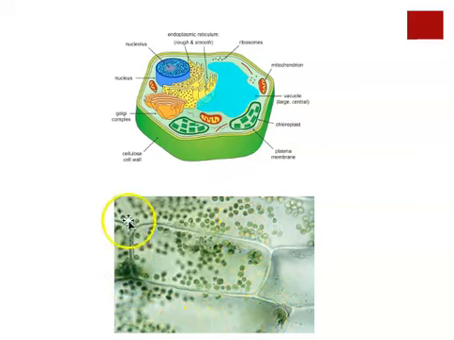I put this image down at the bottom here. This is an image taken of a section of plant tissue. If you had to guess, you could guess it was a plant because the cells are quite rectangular, not nearly as sort of spherical and amorphous as animal cells tend to be.